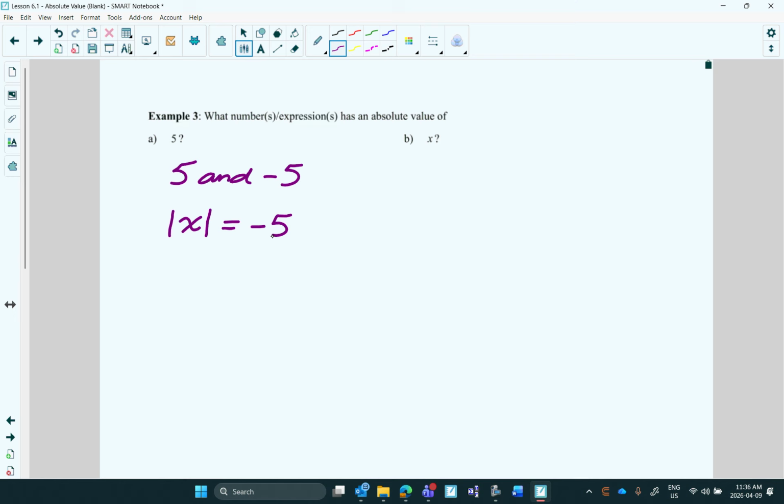Here's the mathematical way of asking what I just did. So what could X be? Well, X could be positive 5 because the absolute value is this, or it could be negative 5. We're going to be looking at that more later on. And then this would be very simple, x and negative x.